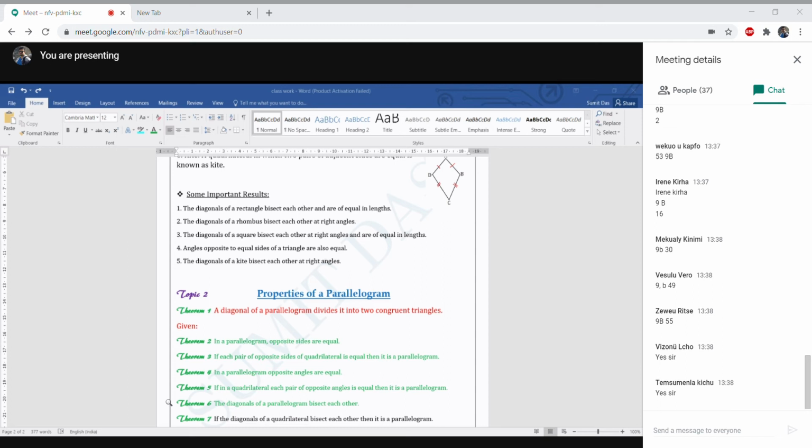I hope you know what congruency means. In these two triangles, let me show you the diagram. Wait for one minute.